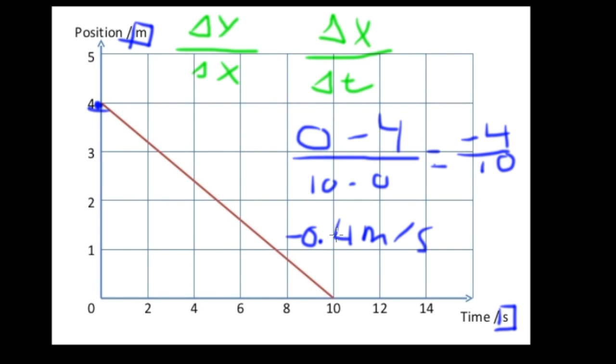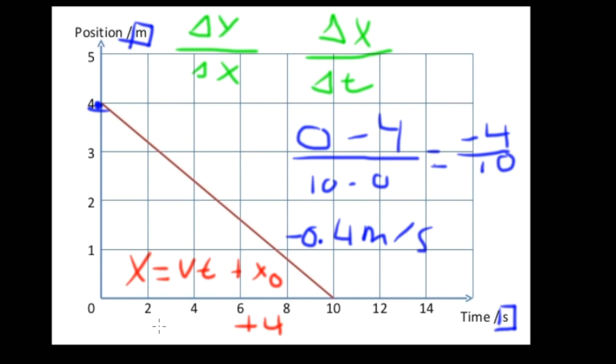And if we wanted to find the final position, we would use the equation x equals vt plus x naught. And as I said, this equation was derived from y equals mx plus b. So the y-intercept is 4 right here, so we can plug in 4.